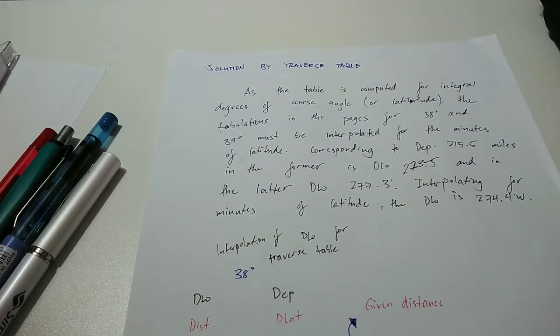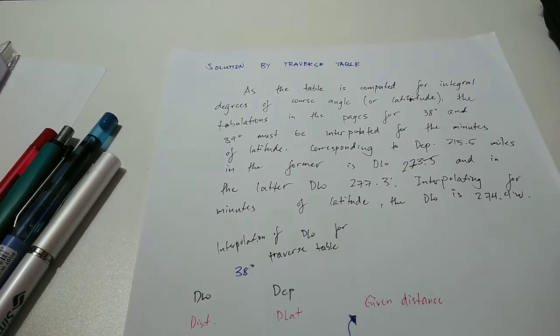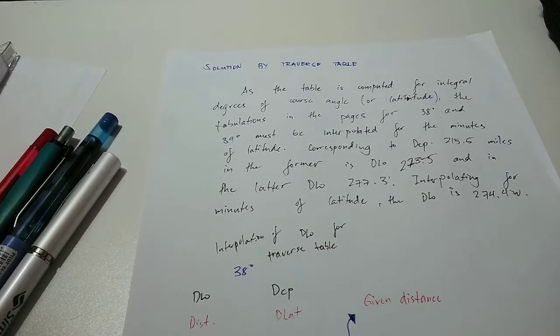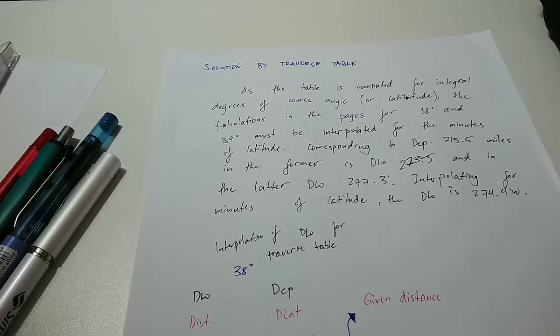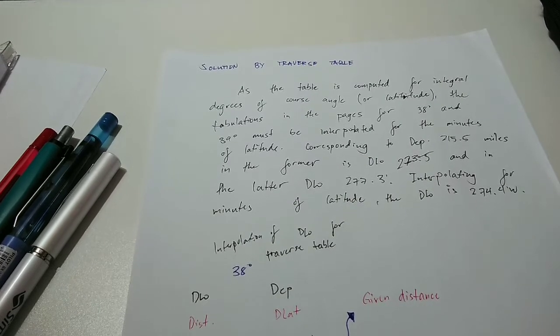In the former, D long is 273.5, and in the latter, D long is 277.3 minutes. Interpolating for minutes of latitude, D long is 274.4 minutes west.